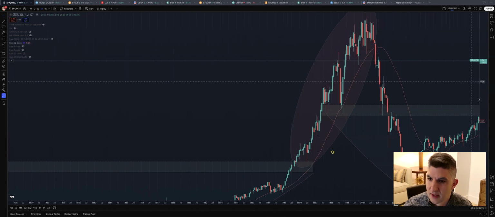Very similar structurally. What happened if you got cute shorting here? You just did really well. Look at that short paying off, and then they got blown out to the tune of 1, 2, 3, 4 years, and the NASDAQ doubling or tripling in that time. Very difficult to start calling tops.